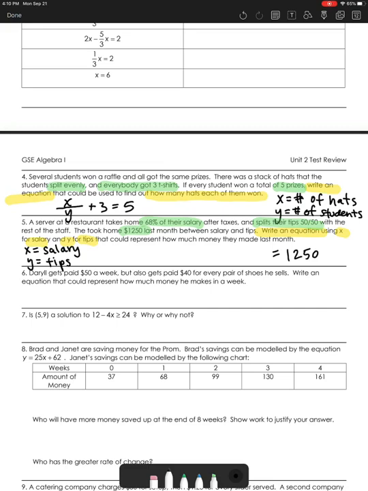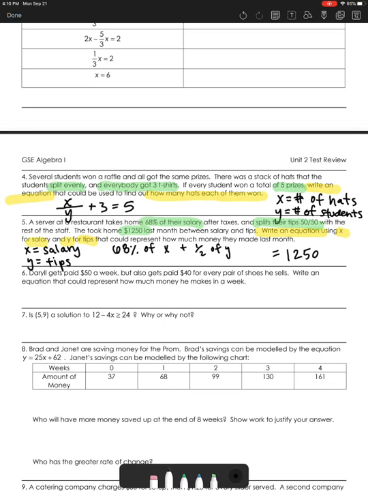So if we have 68% of their salary, and salary is X, and then we know that this total amount is equal to this percentage plus half of the tips. So half of Y.